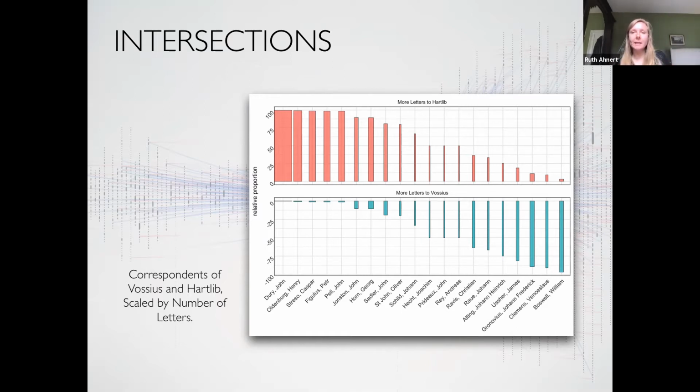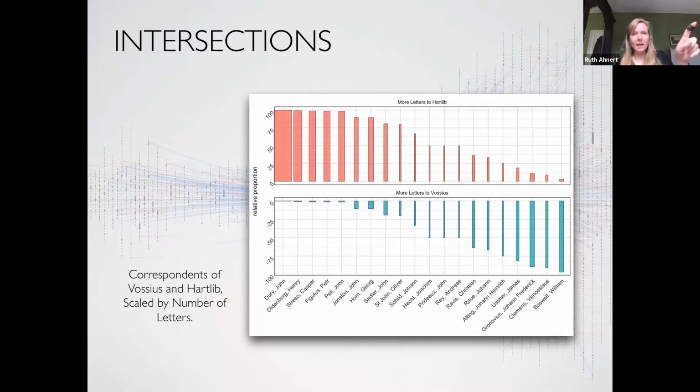So in this diagram on the x-axis, we see the 20 people who exchange letters both with Vossius and Hartlib, and they've been ranked here by the percentage of letters they exchange with Hartlib and Vossius. And in this case, the people who corresponded primarily with Hartlib are on the left, and those who corresponded primarily with Vossius are on the right. And those who corresponded roughly equally are in the middle.